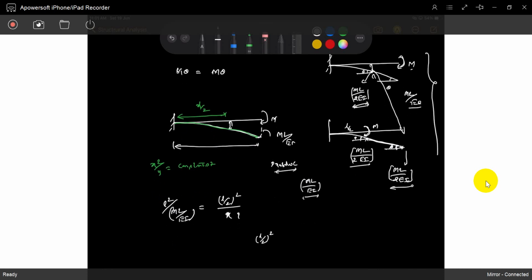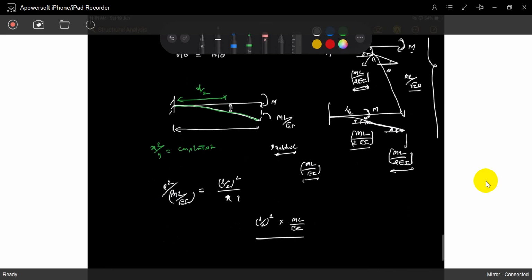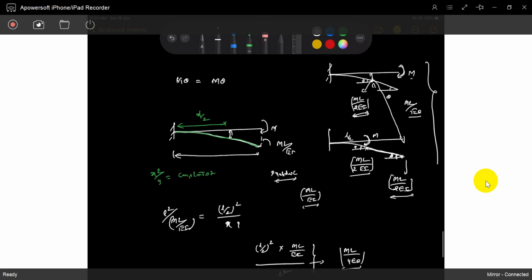L by 2 whole square times ML by EI divided by L square. So what will come? It will come like ML by 4EI. Sir, we calculated ML by 2EI. How can it be ML by 4EI? What is the difference?